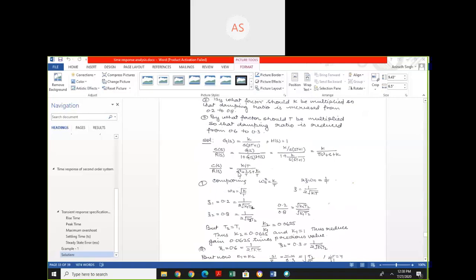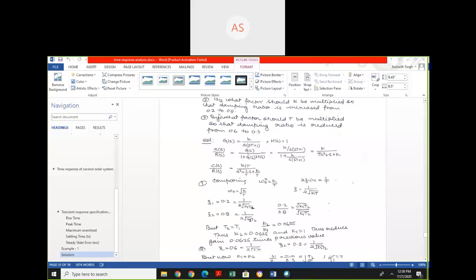This is the characteristic equation, and if you compare it with the standard equation, you get omega n square is equal to K by T, and 2 zeta omega n is equal to 1 by T. Omega n is given by this, and zeta is given by this.